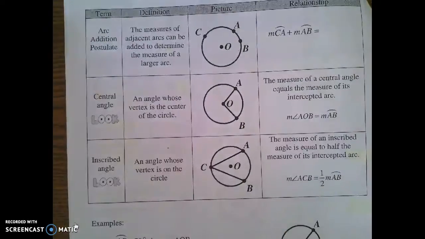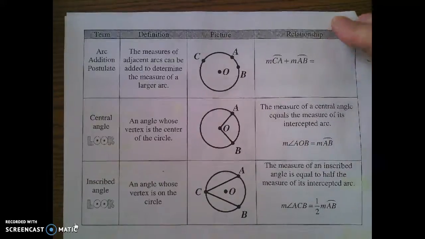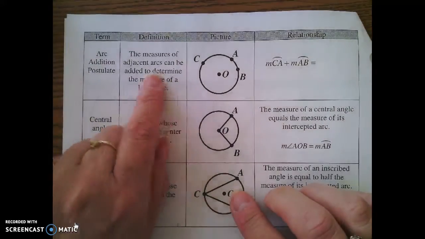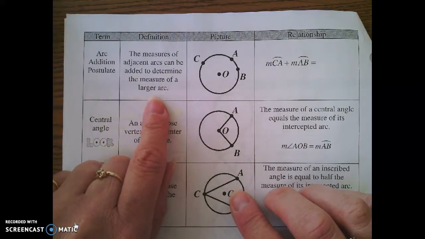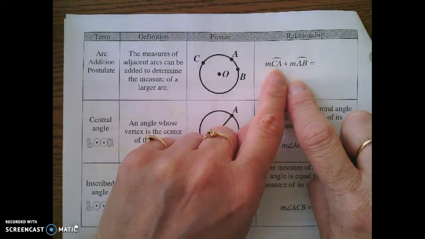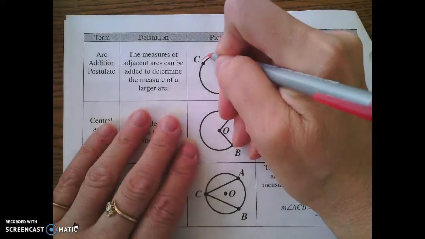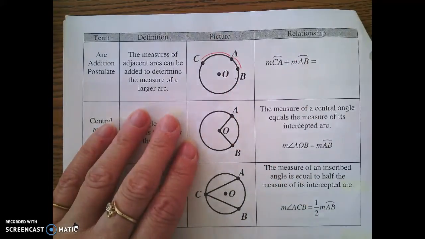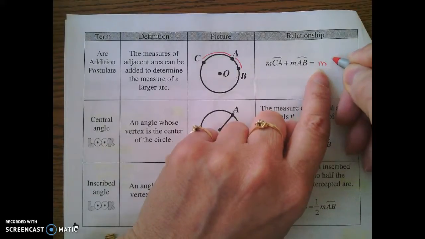All right, just like we had segment addition postulate, angle addition postulate, there's arc addition postulate. So the measure of adjacent arcs can be added to determine the measure of a larger arc. Adjacent means next to. So we have the measure of arc CA plus the measure of arc AB. We don't have any numerical value, but we know it's going to equal the measure of arc CB.